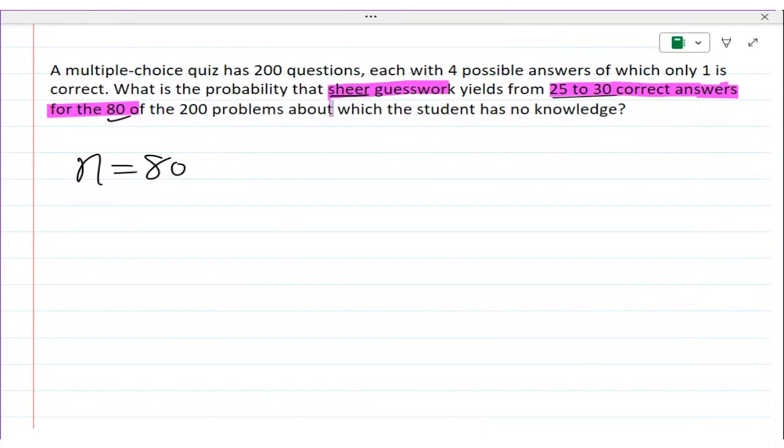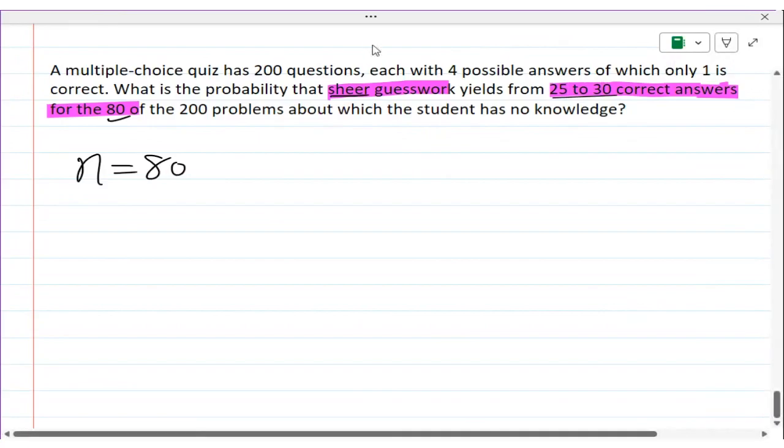So the other 120 questions the student knows, and he has guessed in the 80 questions. This is what this line is saying. And out of this 80, what are the chances 25 to 30 will be correct? This we have to find. So the problem statement is clear. Any doubt in the problem statement?